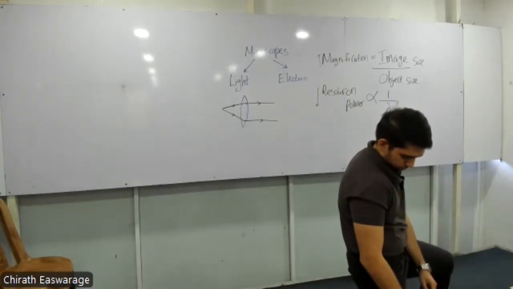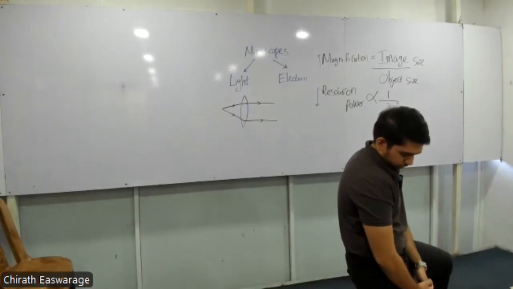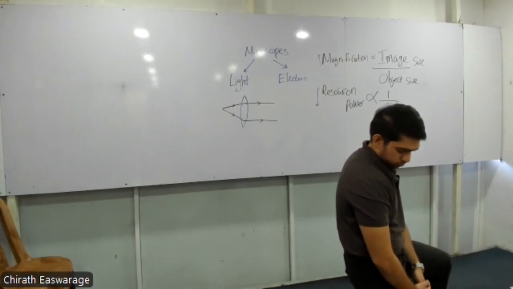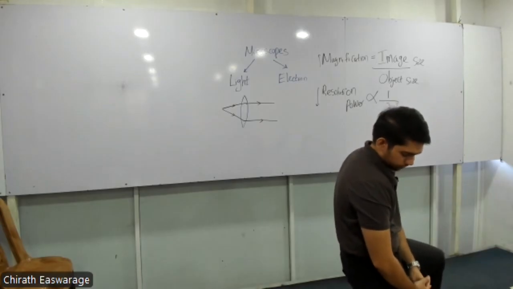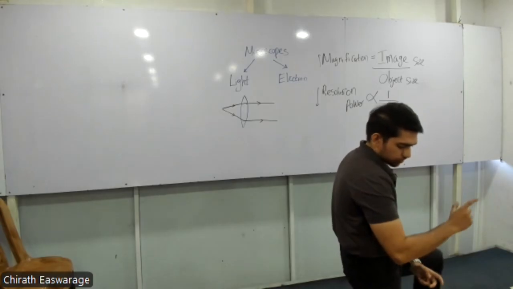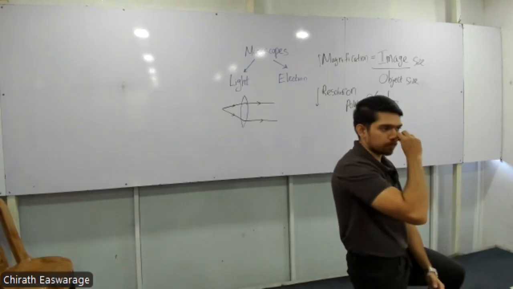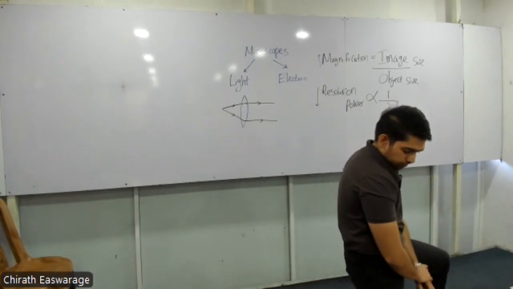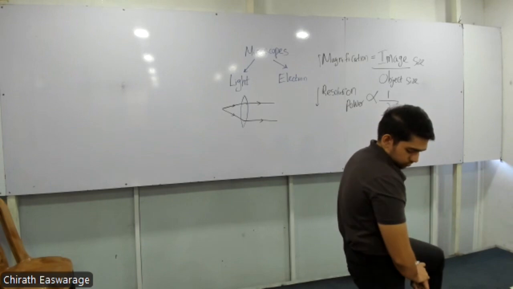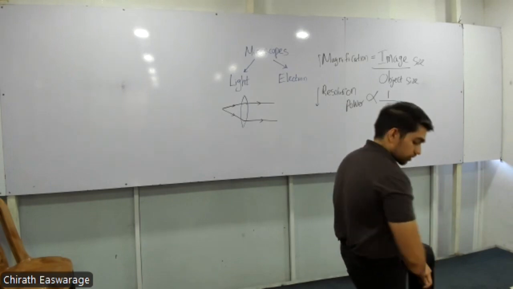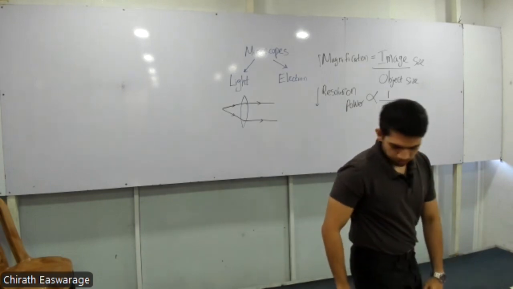Moving on. So they say in page 23, light from an object, the specimen, passes first through the objective lens, then produces a magnified image. Then that image will be again magnified by a second lens that we call the eyepiece lens, right? That's what's going to happen. So it's like this.